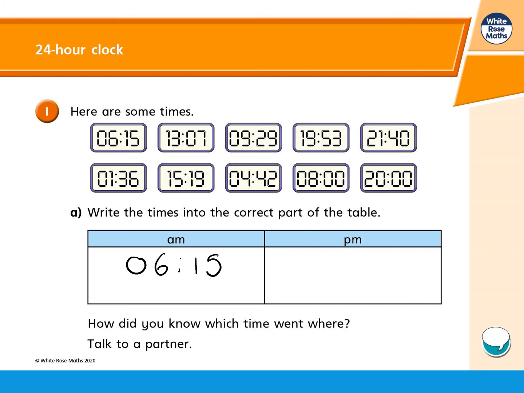So the time would be 1:07 p.m. So I will write 13:07 in the p.m. What about 20:00? Well, 20 comes after 12, so I know it's going to be in the p.m. 20 take away 12 is 8, so the time would be 8 p.m. So I shall write 20:00 in the p.m.